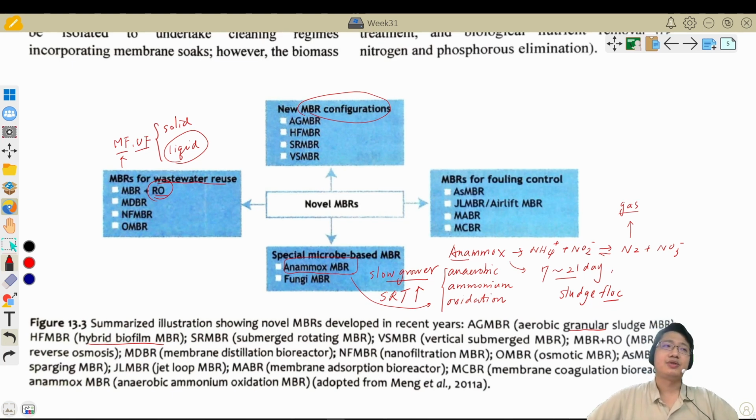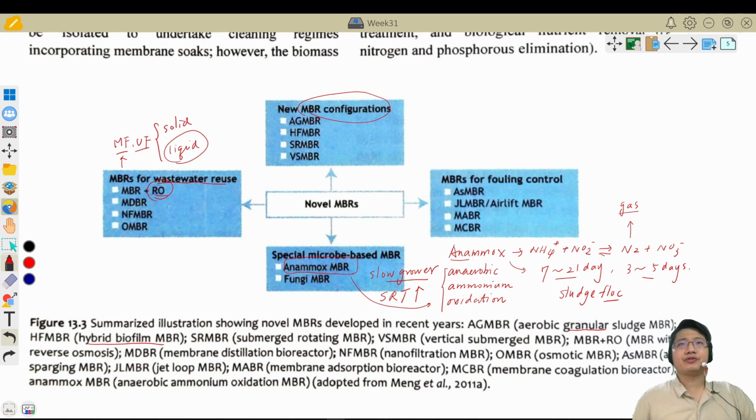If you are using a more highly efficient system like an SBR to grow those bacteria, they can shorten their doubling time to about 3 to 5 days. But it's still longer than heterotrophic bacteria. So that's why we have to use membrane modules to keep those slow growers staying in the bioreactor.